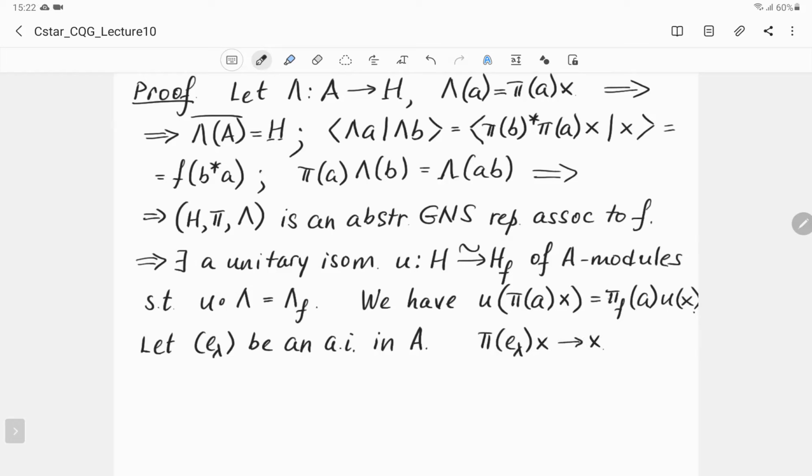This is true for any non-degenerate representation, and this was proved at the previous lecture.